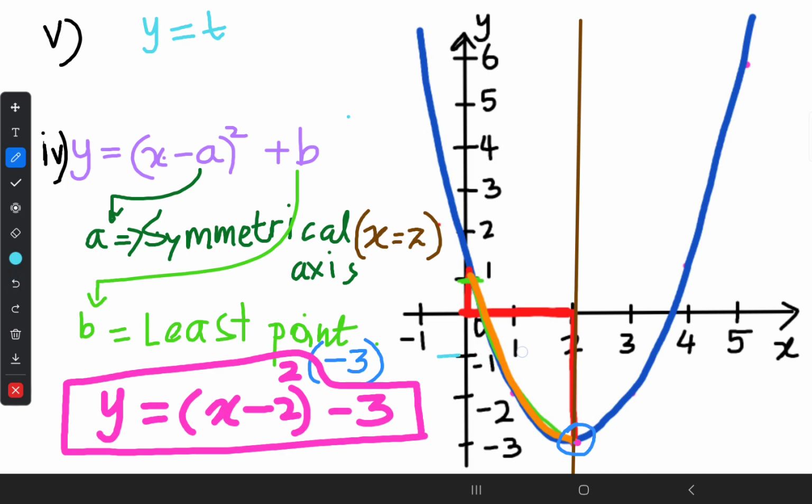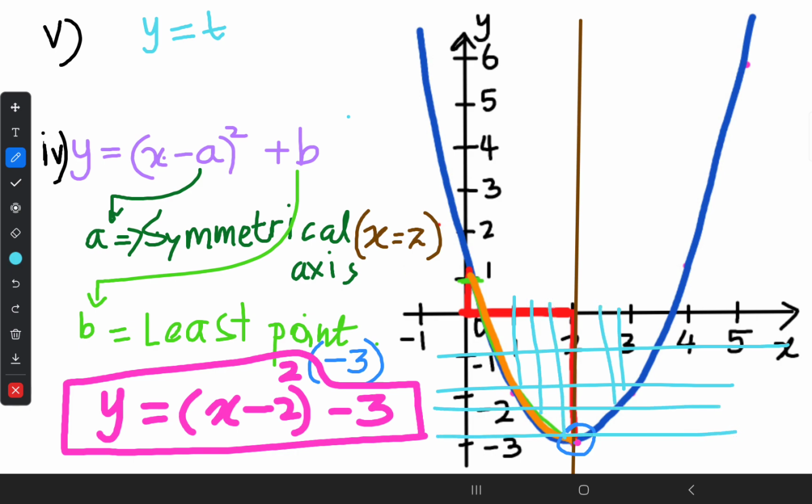When you draw a line through here, both are positive. At negative 3, we have only one point, which means it cannot happen. When y equals negative 3, that will give you only one positive x coordinate, so that is incorrect.